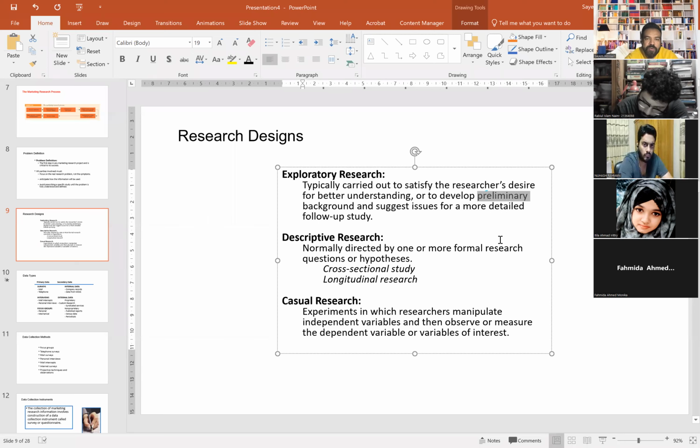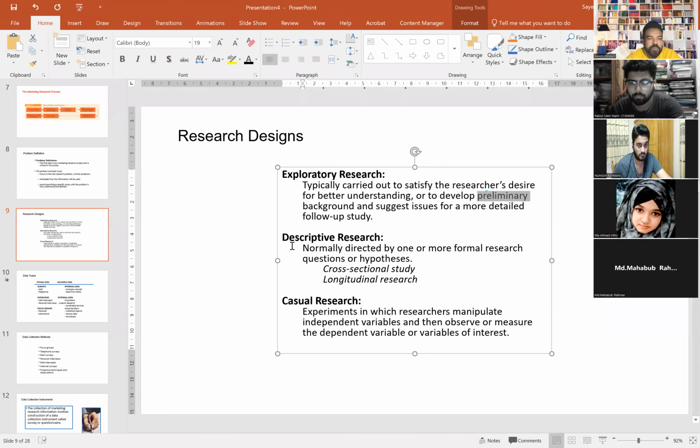So exploratory research is done at the beginning of any process. Sometimes you can do exploratory research even before something has occurred, so that you get a better perspective. In exploratory research, the core aspect is that you are starting with a fresh lens, a fresh perspective.